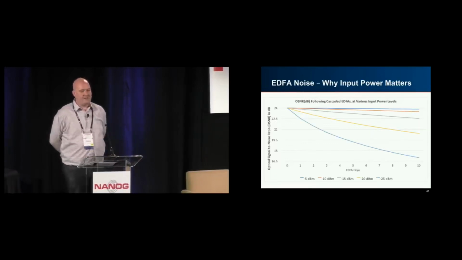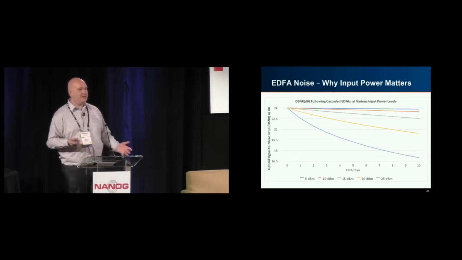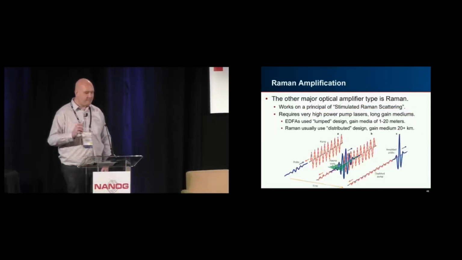And then if you let the signal get down to -25 dBm before you amplify it, you see here that at the end of 10 hops, we've gone from 24, a very strong signal, down to 17, a relatively weak signal that wouldn't support some of the modern technologies. So when you're designing a system, you're always thinking about how do I amplify before I let the power levels get too low. That's why all of this matters.